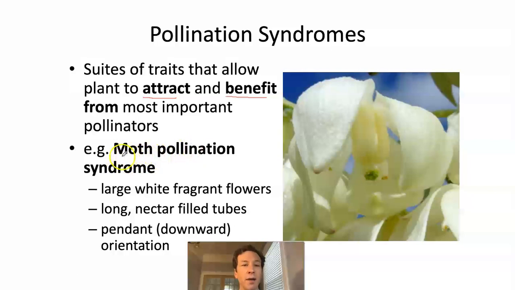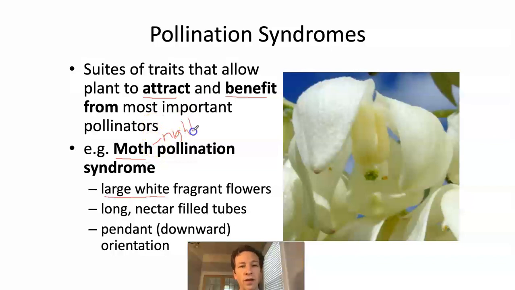One classic combination of traits is good for moth pollination. Flowers tend to be large and white. We can think about why large and white. Obviously, it's dark out, so it's hard for pollinators to see flowers because moths tend to visit at night.